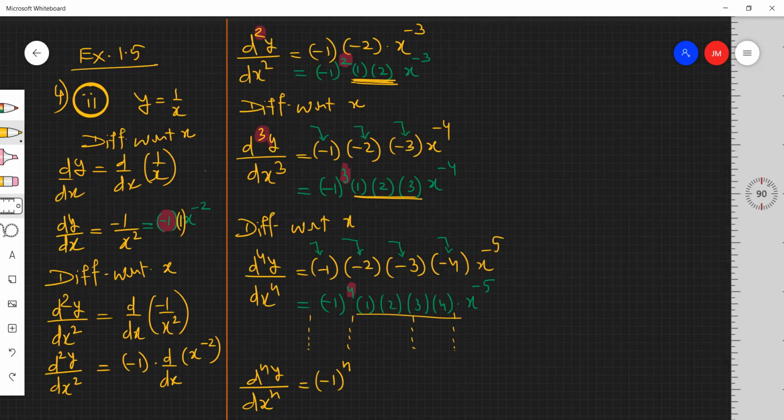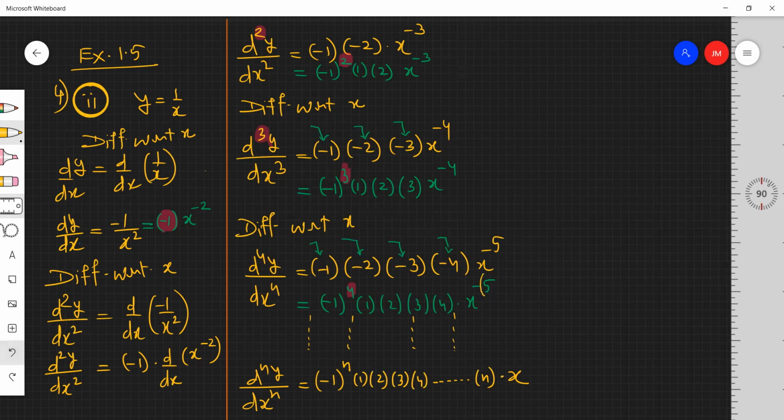So this way, if I continue, I understand that for nth order derivative, I'll have 1 into 2 into 3 into 4, like this up to n. And then finally, x raised to, when it is fourth order derivative, you have x power negative 5. That is negatively 1 more than this.